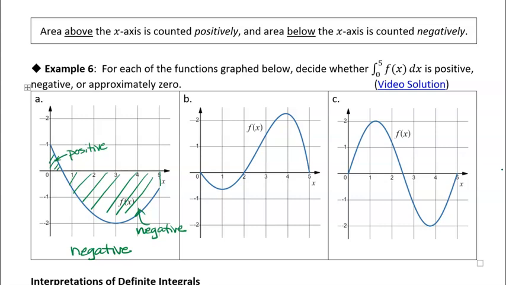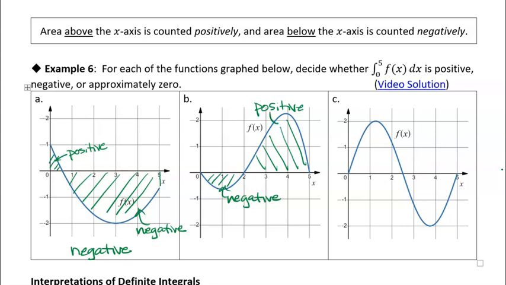All right, so let's take a look at the next function. We're integrating from 0 to 5. So here we have a little bit of, this is negative area. Okay. And this area here, right? This area is positive area, right?